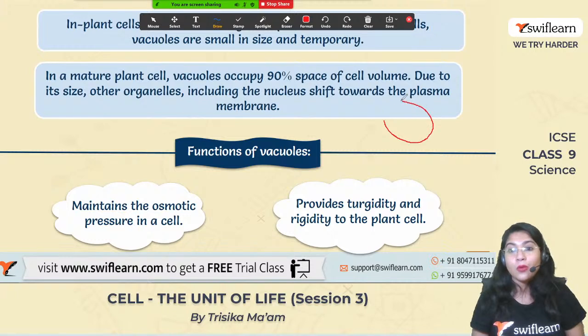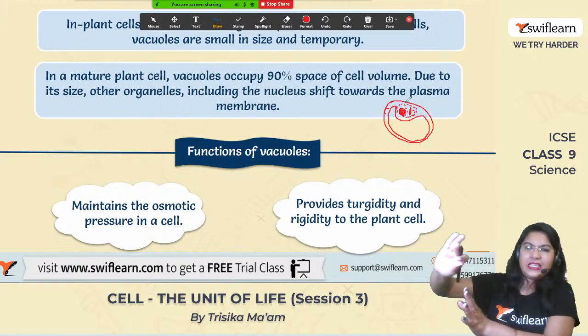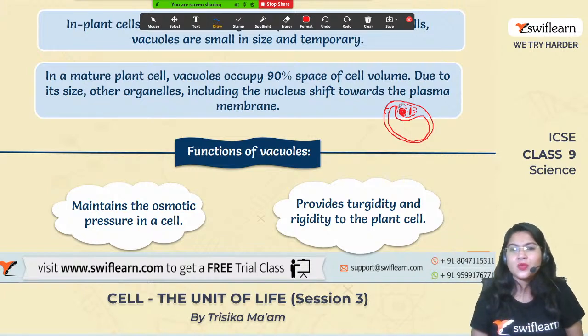If this is the whole cell, and this one is the nucleus, sometimes the vacuole takes up 90% of the volume of the plant cell, and the nucleus, the mitochondria and whatever other cellular organelles are present are shifted to a side. Okay, they are shifted towards the plasma membrane at one side, and the rest of the space is taken by the vacuole. Fine.